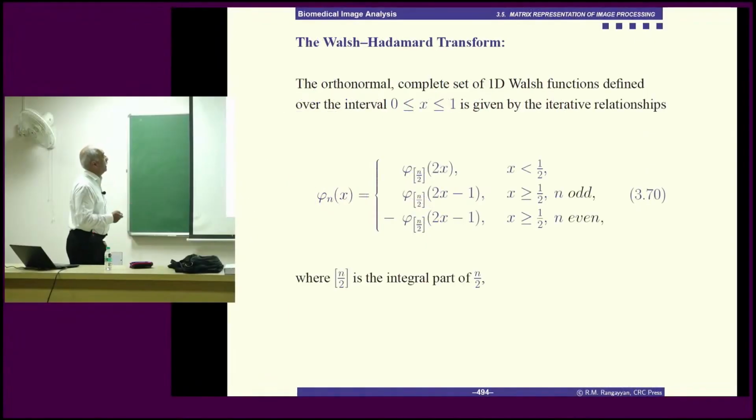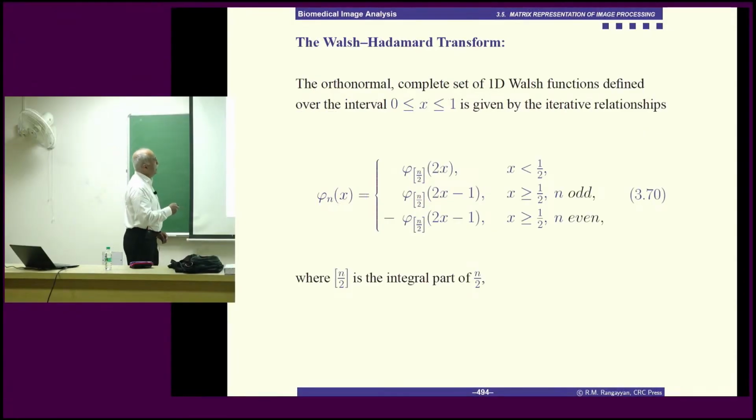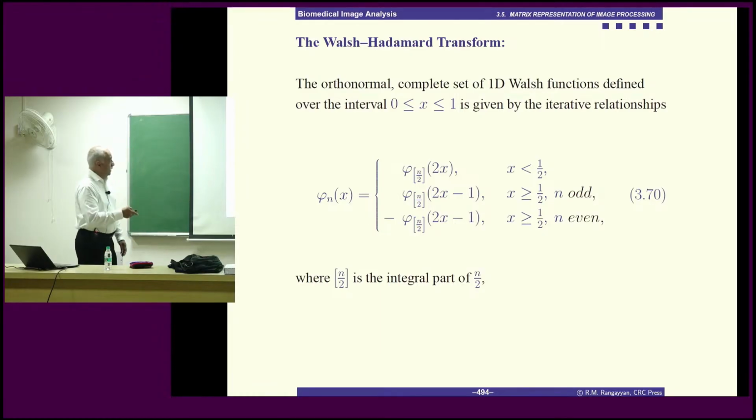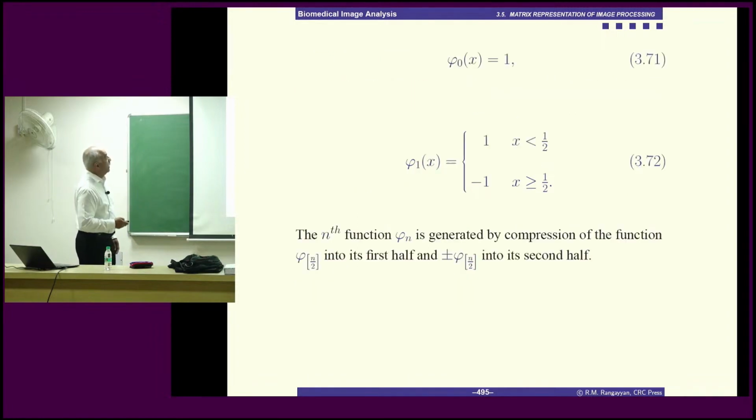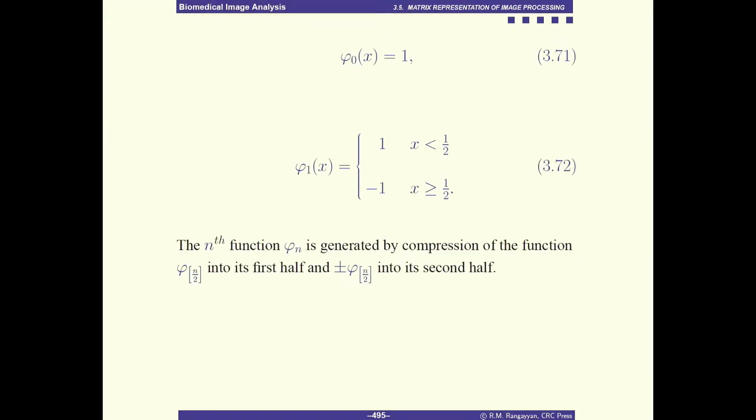Now here, the set of 1D Walsh functions is defined using this iterative relationship: phi sub n, the nth function of x, where x is some variable, is phi of 2x of n over 2, where n over 2 is the integral part and gives the order of the function, and phi n over 2 of x minus 1, depending on whether we are in the first half or the second half, and minus if n is even. I'll show a picture which makes it more clear.